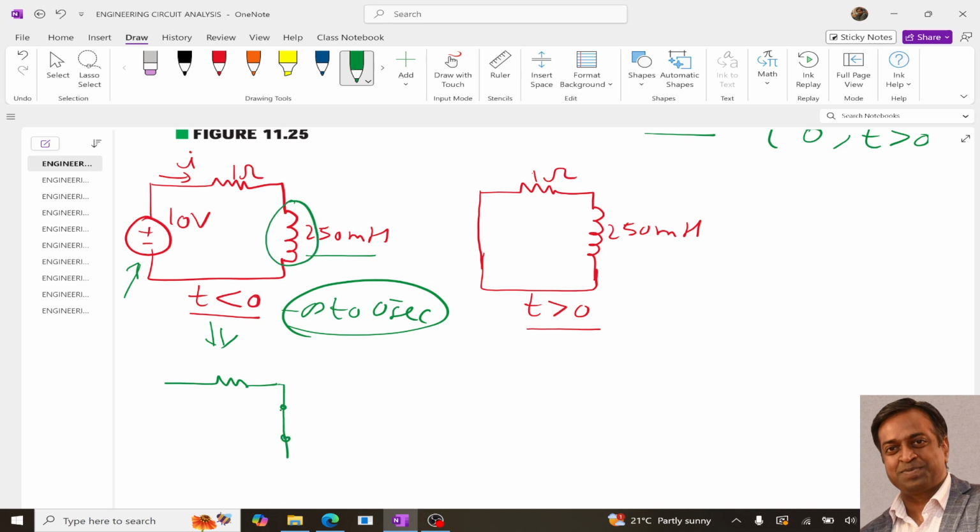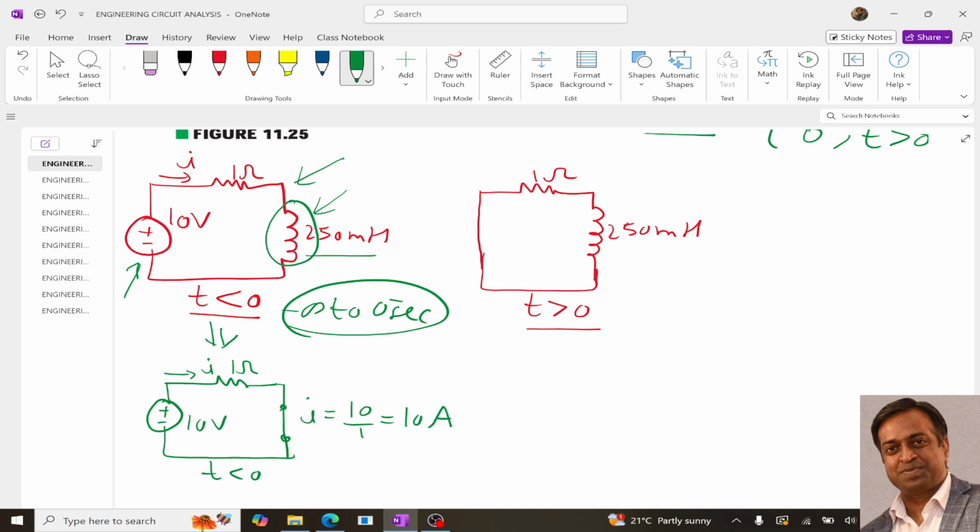So overall our circuit will be like this: 1 ohm, this is I, and this is 10 volts for t less than 0. Since the circuit has been in this condition from the last infinite time, the inductor is replaced with a short circuit. So the current flowing, this I, will be 10 upon 1, so 10 amperes.